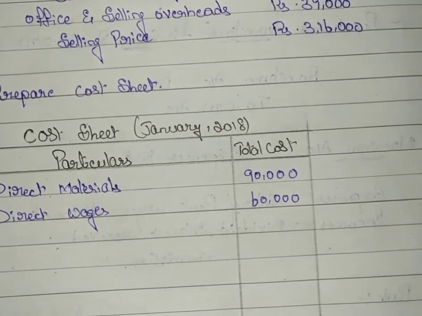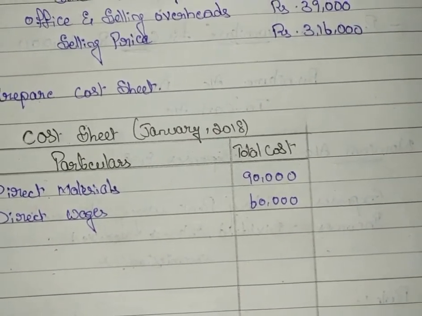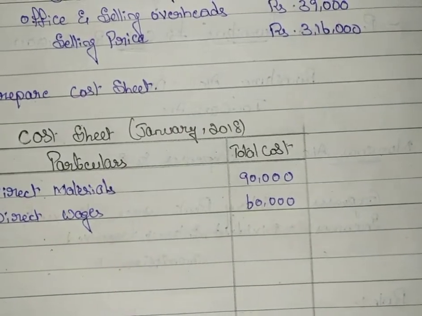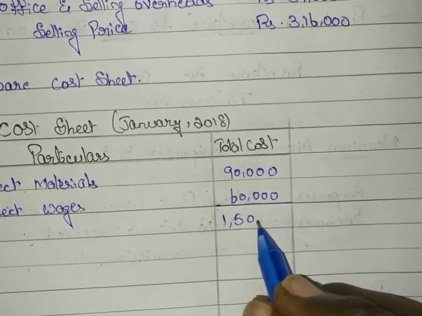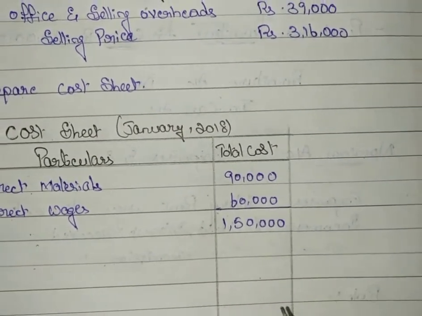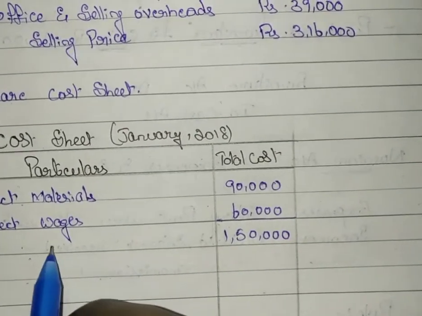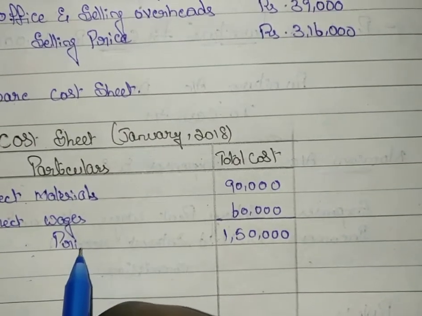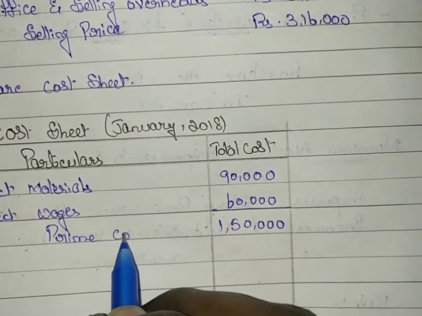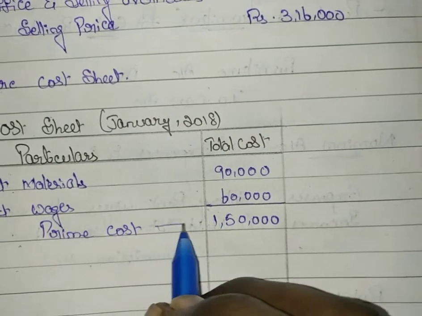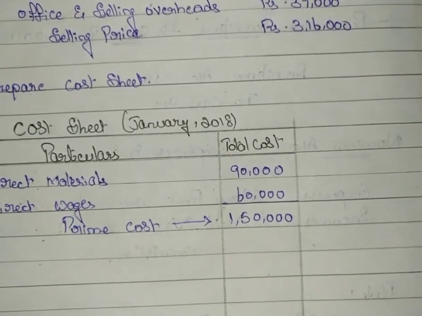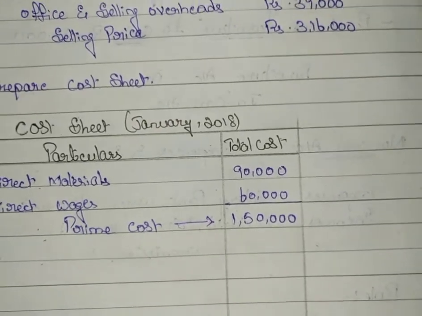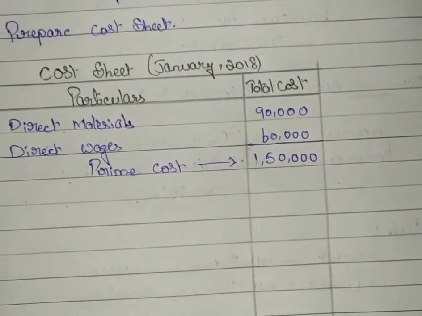In this problem they have not given direct expenses, so we are considering only materials and wages. The total of direct materials and direct wages is 1,50,000, and this is the prime cost. Whenever you add all the direct items, you get the prime cost.